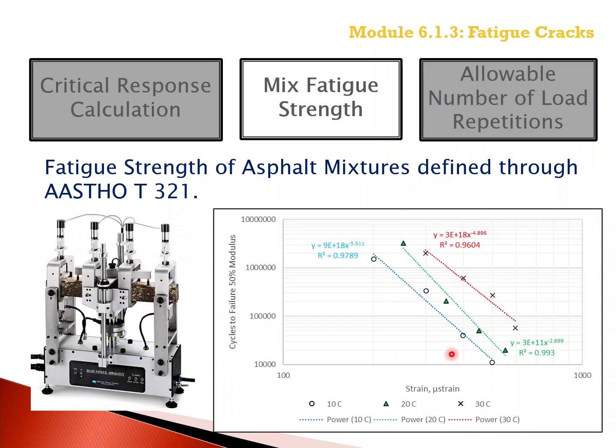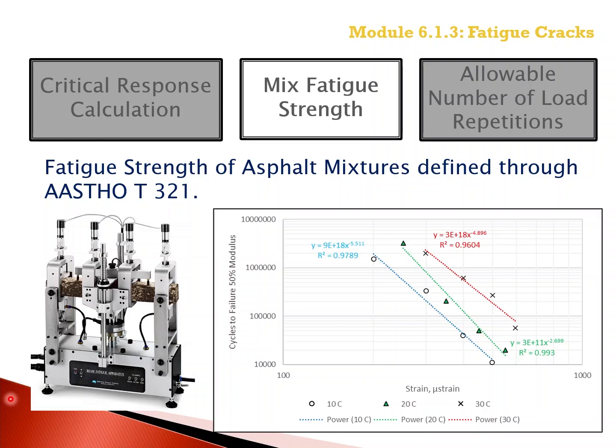An example at different temperatures and strain levels is shown on this slide or in this graph. Very simply, AASHTO T321 is used to estimate the number of load applications to failure as defined in the laboratory.